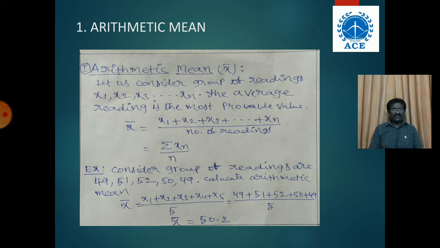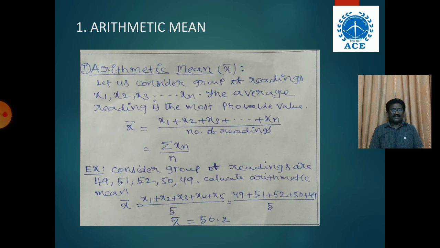So now I am going to calculate the arithmetic mean of the group of values. Arithmetic mean x bar equals x1 plus x2 plus so on plus xn divided by the number of readings. So you can calculate arithmetic mean x bar equal to summation of xn divided by n. So now I have taken one example.